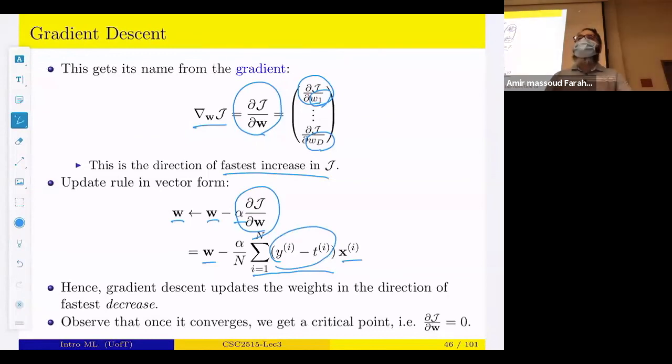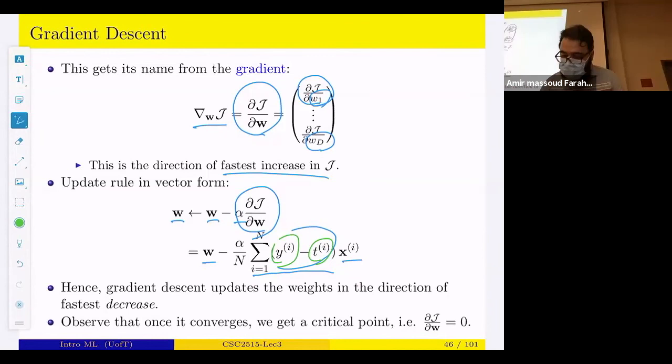yi minus ti, what's the dimension of it? What is yi, a vector or a scalar? yi is a scalar, and ti is also a scalar target.